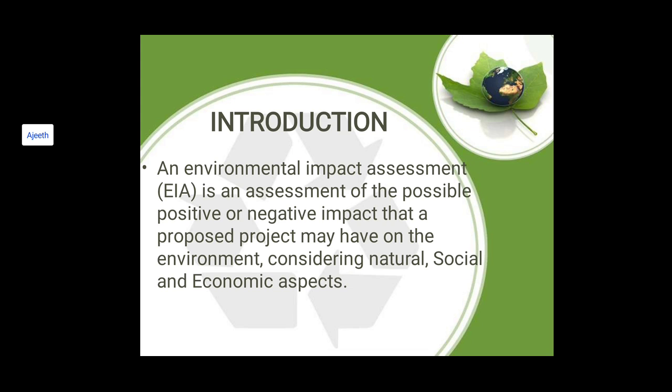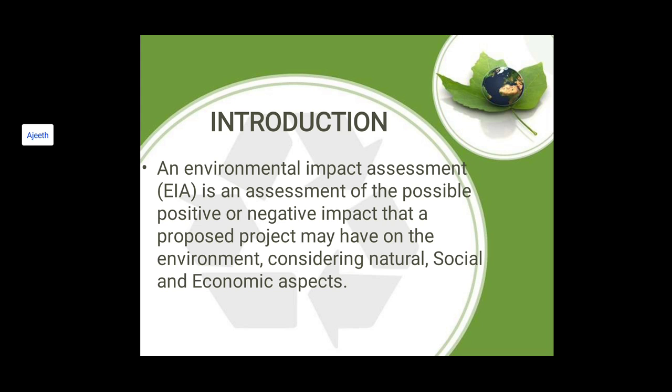So in view of the social, economic or natural aspects, whatever is there, the project has to be done in such a way that it should not harm anything, right? It should be very sustainable. But in the EIA 2020 something else has happened.